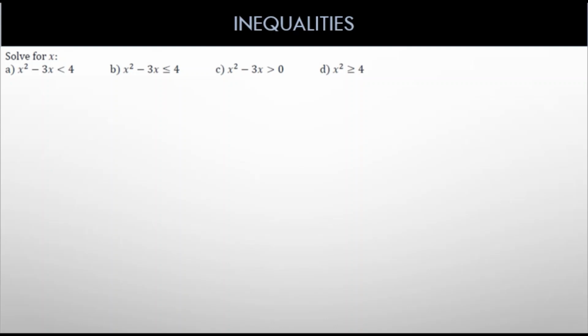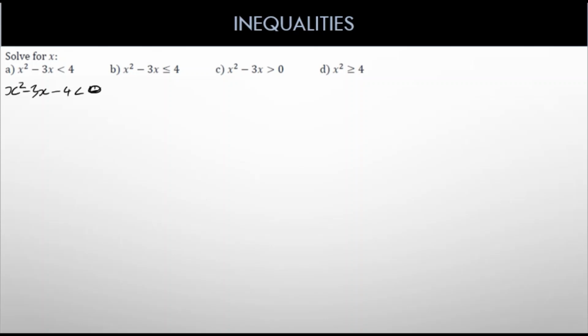The first thing that has to happen is standard form: x squared minus 3x minus 4 is less than 0. So I've taken the 4 to the other side, and then now it's less than 0. And this will be very important when you're sketching your diagram.